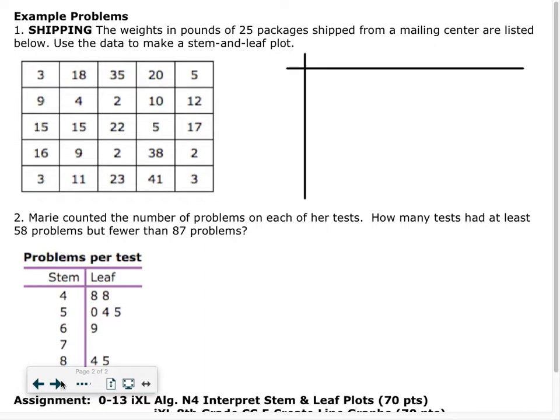So here's some examples. The weights in pounds of 25 packages shipped from a mailing center are listed below. Use the data to make a stem and leaf plot. So we have our stems over here and our leaves over here. We want to look at our data and find the smallest number, which looks like is going to be 2, and then our largest number, which is 38.